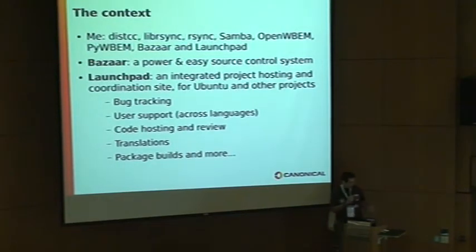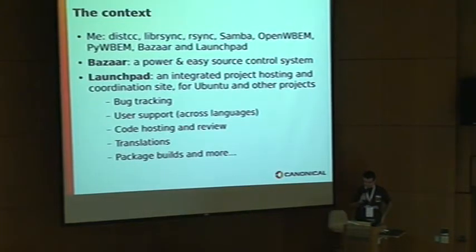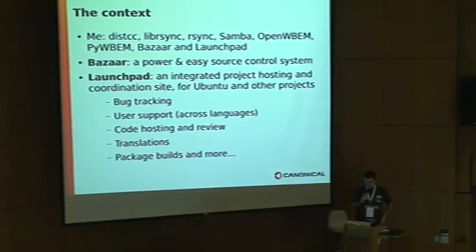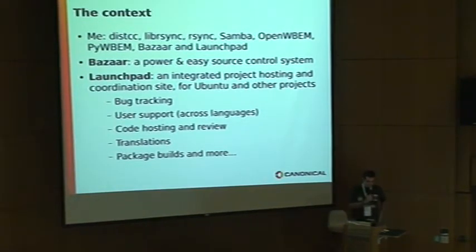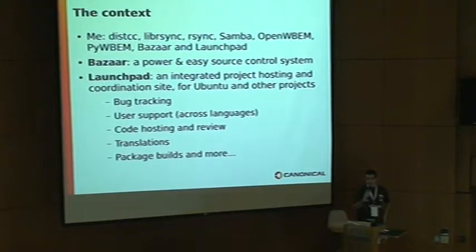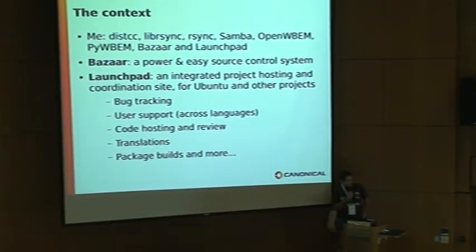So for a bit of background, as Miriam was kind enough to say, I've been doing open source development for probably 15 years now. Some moderately successful projects that I've written or been involved with. The two things I'm working on at the moment, both also open source projects, both sponsored and very heavily used by Canonical.